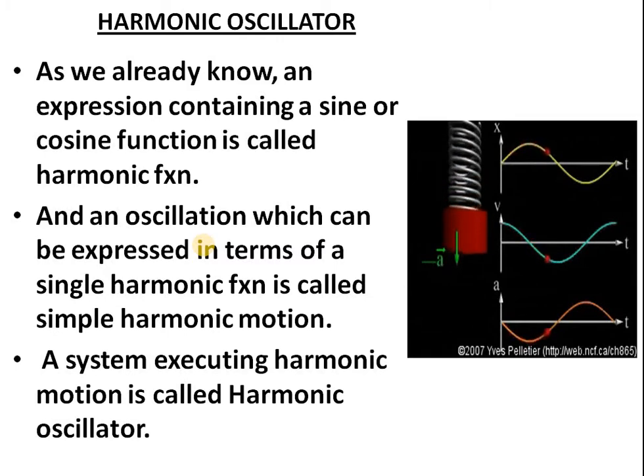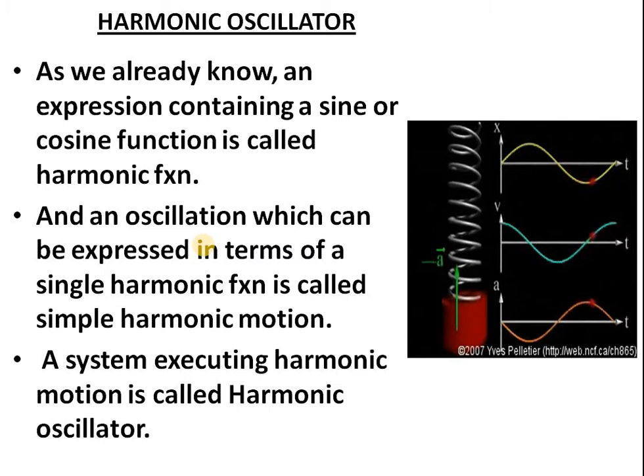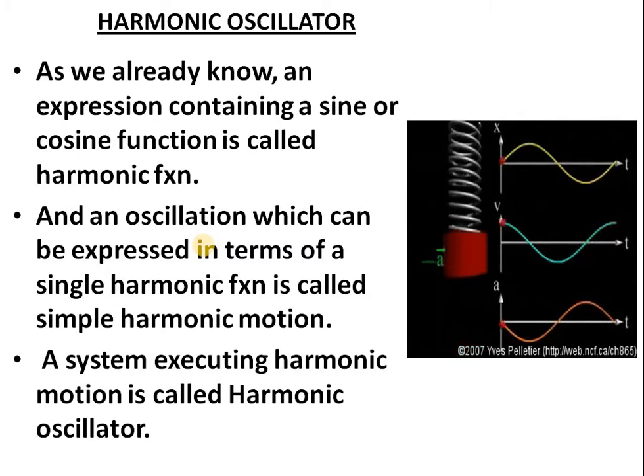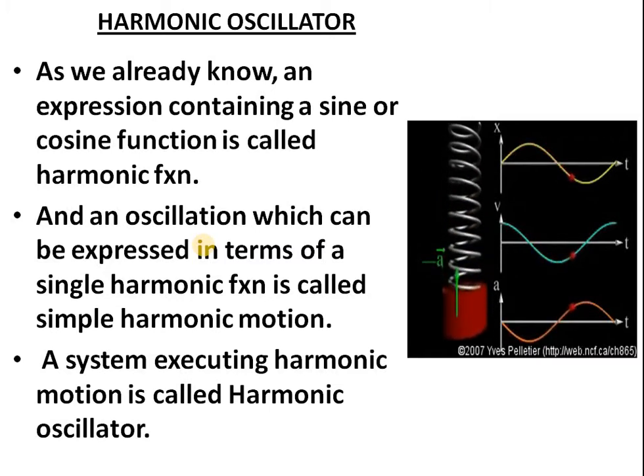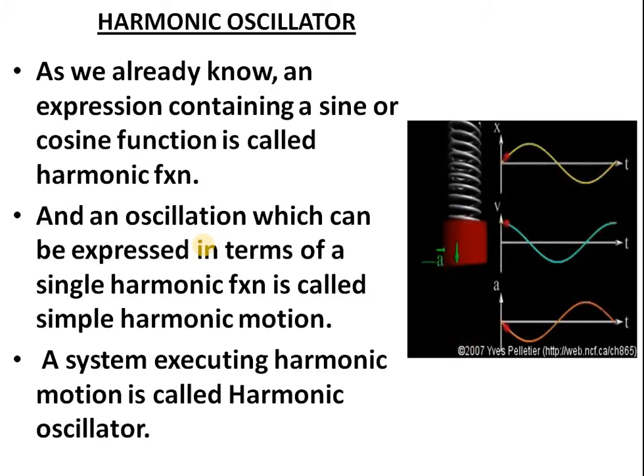Understand? Similarly, a vibration passing along a spring, suppose the frequency is a single frequency, then that can be counted as a harmonic motion. So there are many examples that can be quoted as a harmonic oscillator.